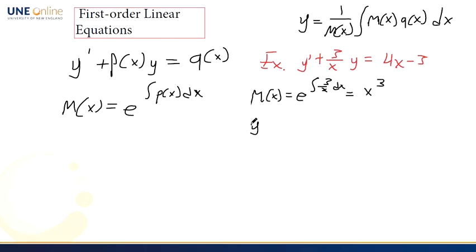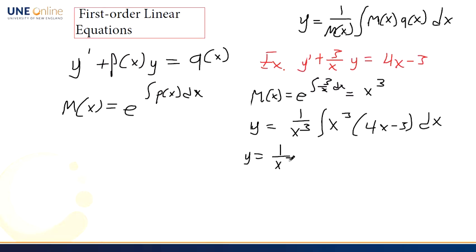So to find y, the solution to the differential equation, it's 1 over our integrating factor times the integral of our integrating factor times q of x, which is this part over here, 4x minus 3 dx. And then the rest of this is calculus that we've done before. So do a little bit of algebra.